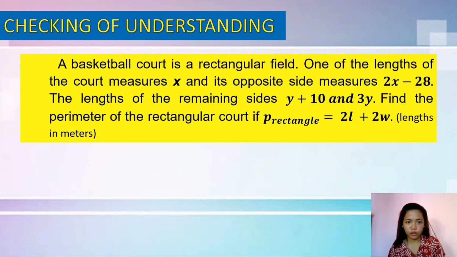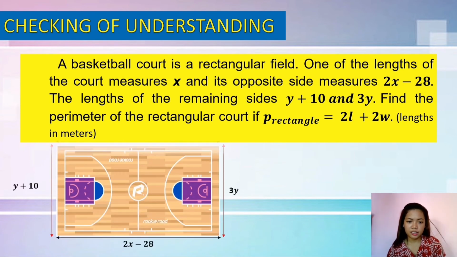So let us now solve the given problem by identifying first the given and by illustrating it. Since a basketball court is a rectangular field, this is how it looks.